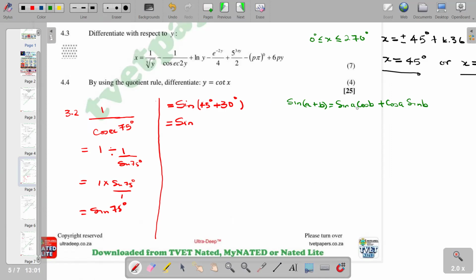So using this, the first one is A, so our A in this case is 45 degrees. Then B is the one on the second part, here 30 degrees. So our B is 30 degrees.